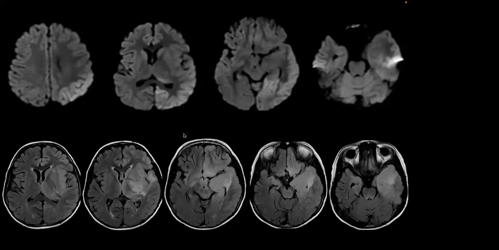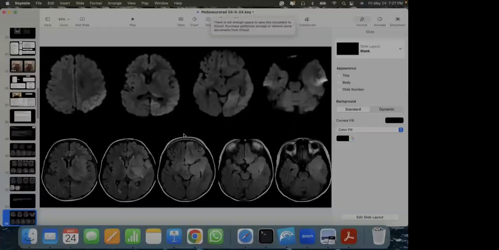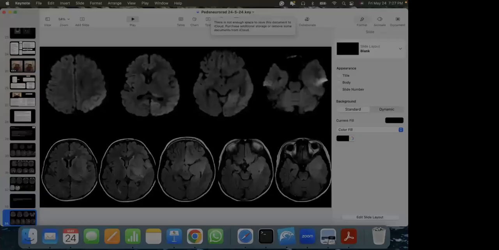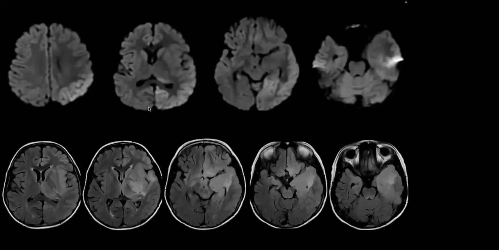But your biopsy will give you that answer, right? So was immunotherapy given to the child? Only steroids were given. And after steroids, this can worsen. Yes.